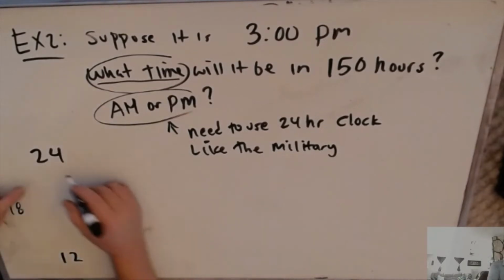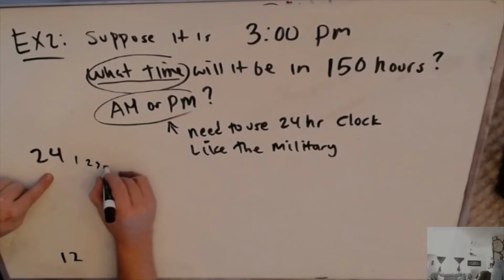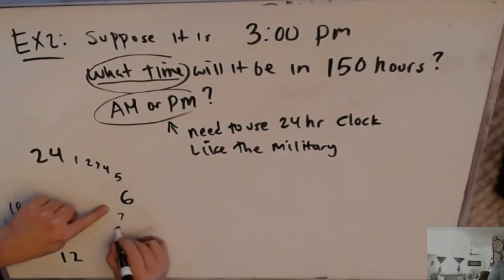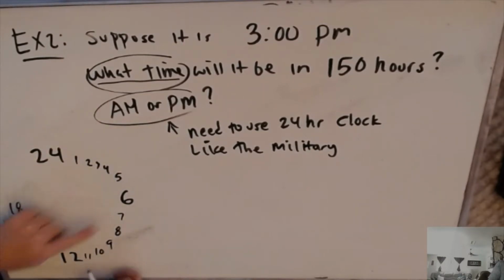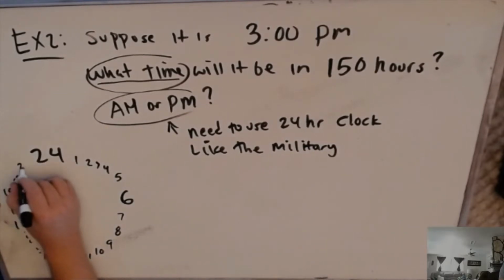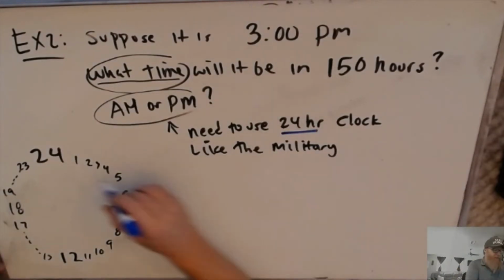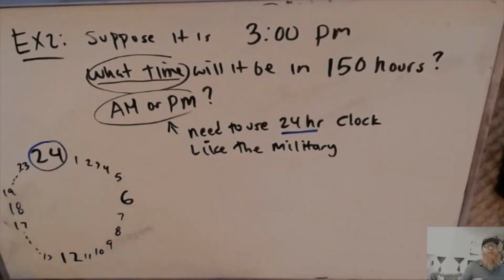All right. So I'm not going to be able to write every number, but it'd be 1, 2, 3, 4, 5, and then 7, 8, 9, 10, 11. And I said I wasn't going to write them, but 13 all the way to 17, and then 19 all the way to 23. So you'd have a 24-hour clock. Now it's cool if anybody's been in the military. We don't ever say 24.